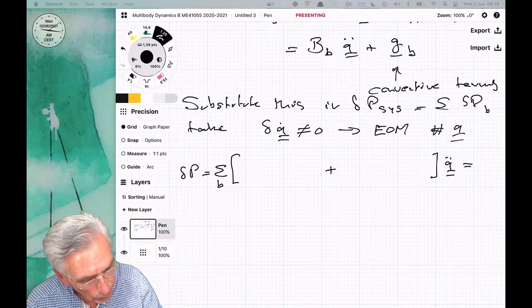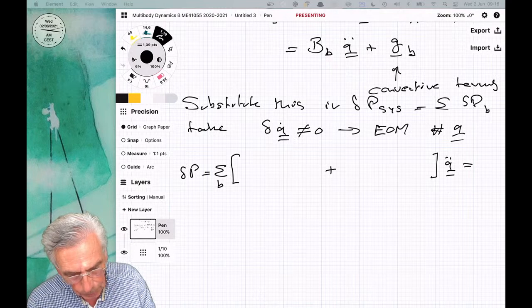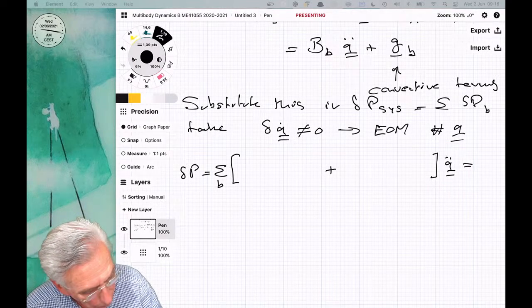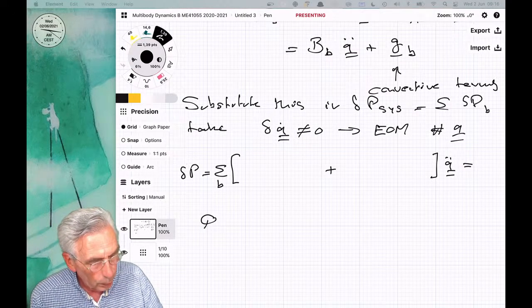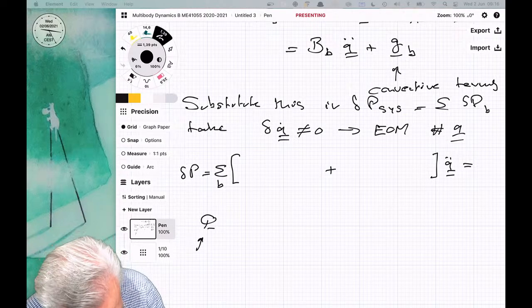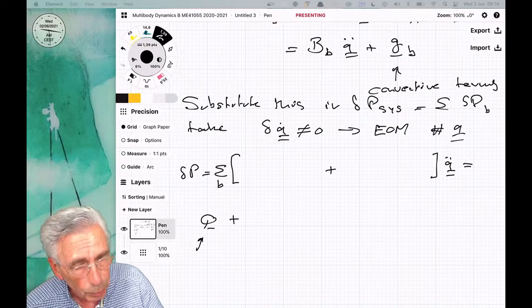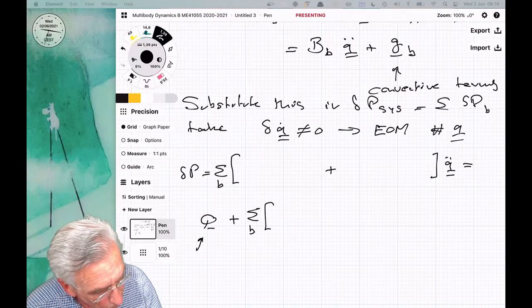So the general idea is we have mass times acceleration is forces. I already know forces because these are the applied generalized forces, right? Plus maybe some other terms, convective terms and transformed terms of the bodies, which we'll see in a second.